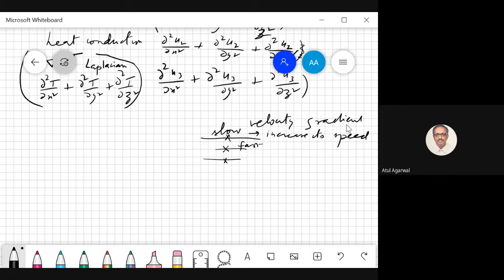So this speed increase happens because there is friction between the layers. The friction will try to drag it along. It will tend to increase its speed. If there was no friction, these fellows will be moving with their own speeds. Because of friction, this will tend to slow down, this will tend to increase its speed.